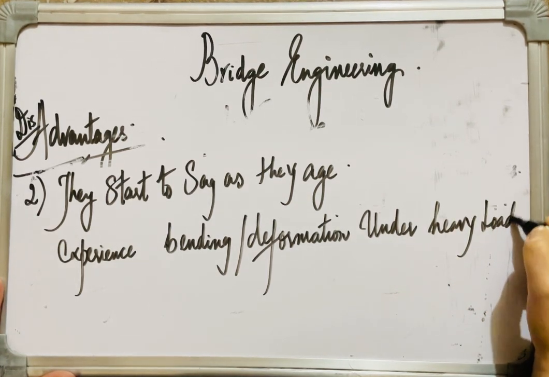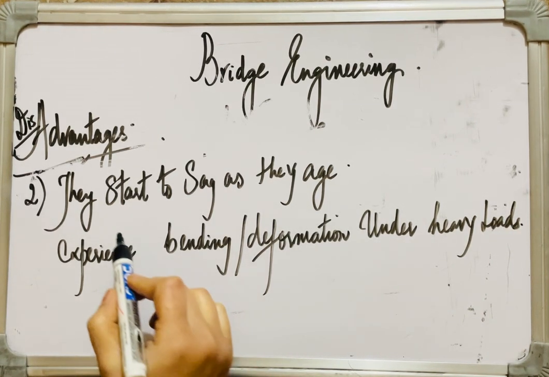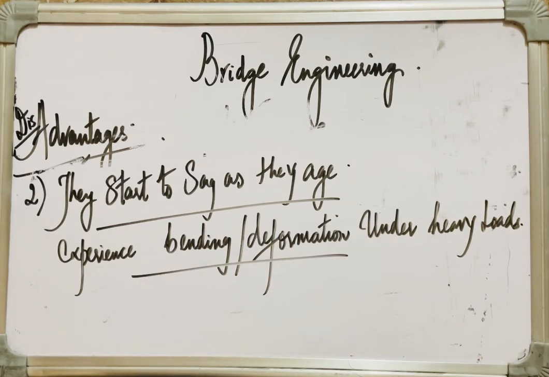Okay? These beam bridges or girder bridges start to sag as they age, and they experience bending or deformation under heavy loads. This is the disadvantage number two.